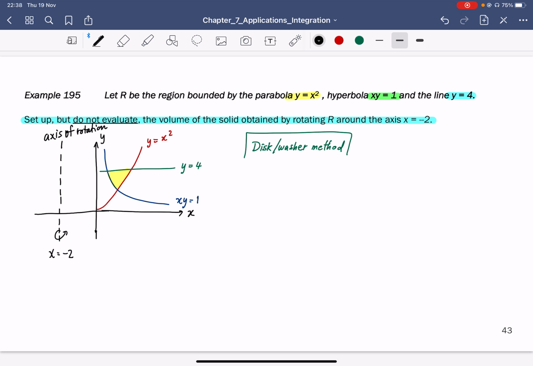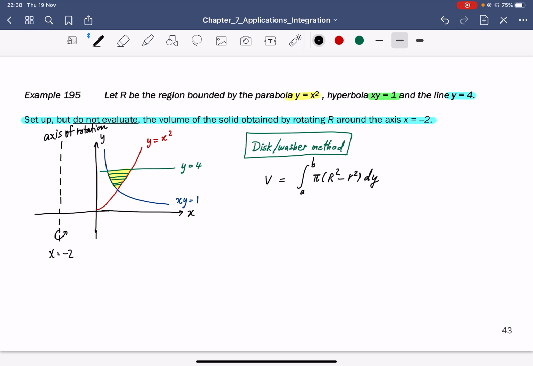If you want to do this using this method, you have to form the horizontal line. And that means you have to use the washer method. So your volume is going to be the integral from a to b of pi big R squared minus small r squared dx, or dy, sorry, it must be dy because it's a horizontal line, right?